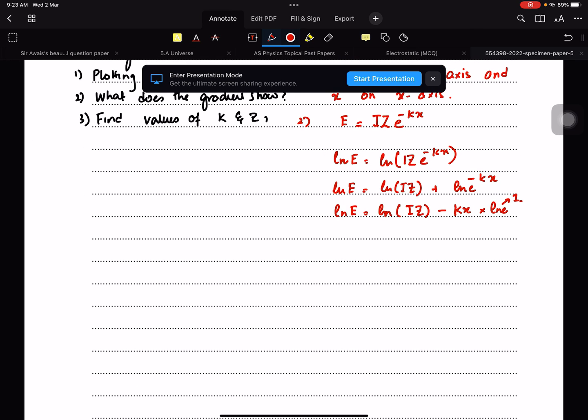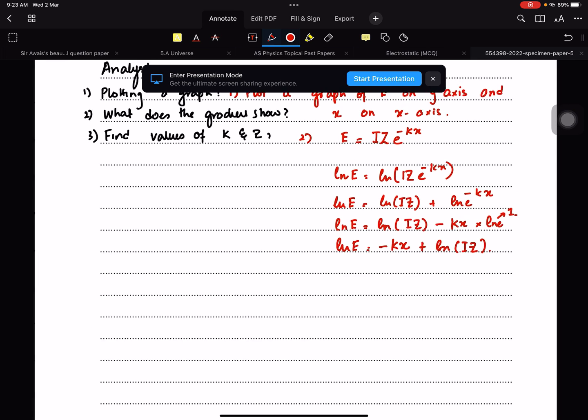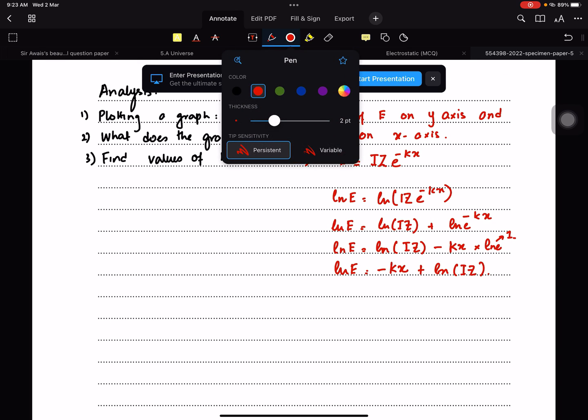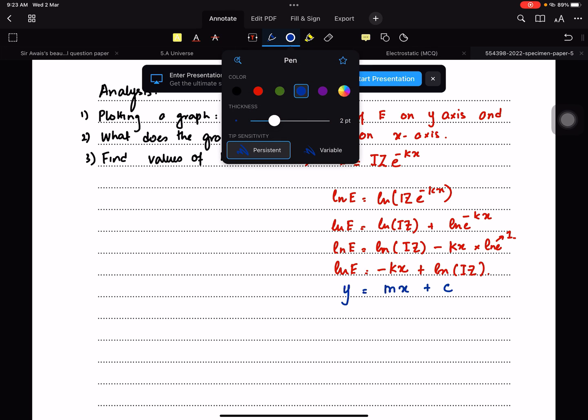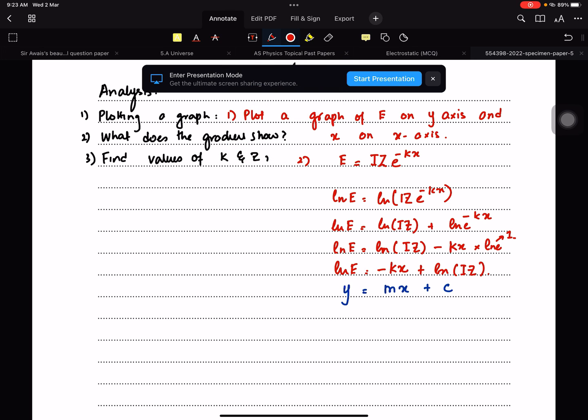Now you can write it down then. ln E equals minus kx plus ln IZ. So basically you can always do that. Now if you look at the graph, you can compare this with y equals mx plus c, and you realize that this relationship is going to be there.